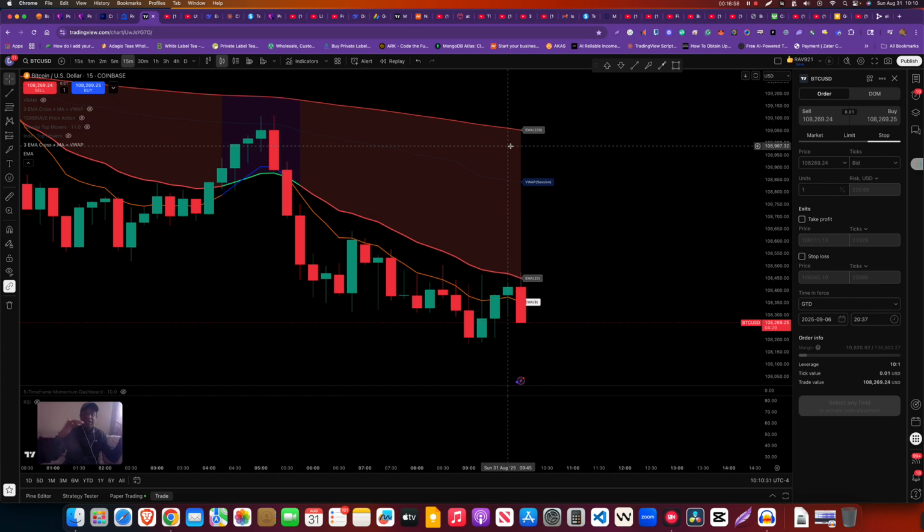It's generally going down because it's underneath the 200 average. Then I have the 20 average. Again, it's generally going down. I have the 9, which tells me it's going down, but if the 9 moving average were to go above the 20, that means it's starting to go up again.